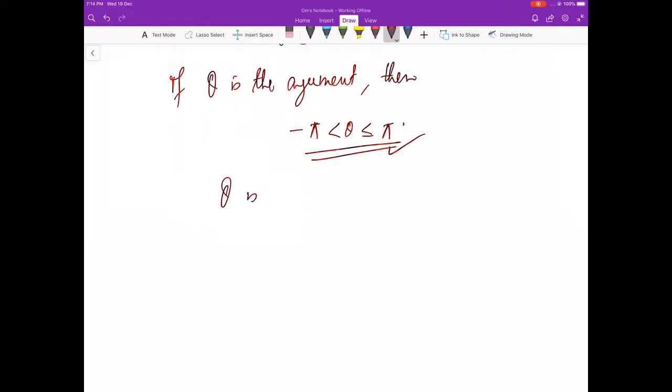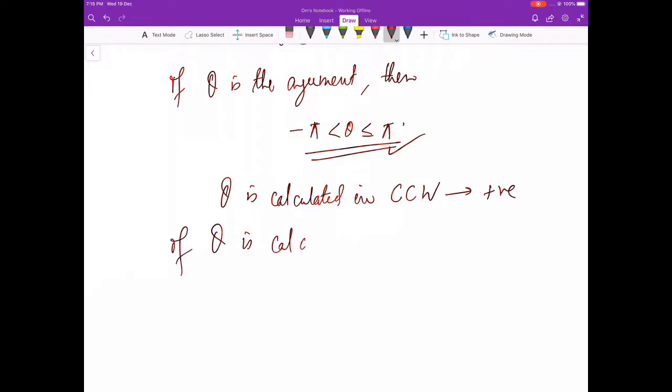If theta is calculated in the counterclockwise direction, CCW, anti-clockwise or counterclockwise, then it is taken as positive. If theta is calculated in the clockwise direction, then it is taken as negative.